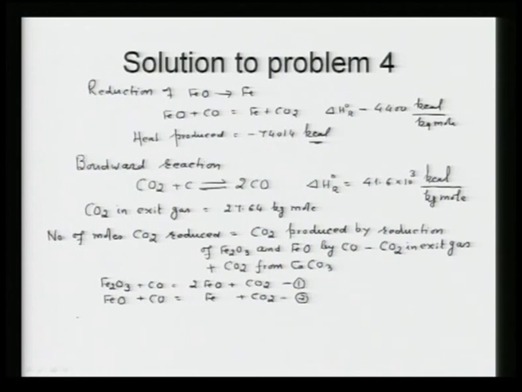Now, say if 942 kg of iron, or 16.82 kg mole of iron, is produced, then moles of FeO to be reduced has to be 16.82.